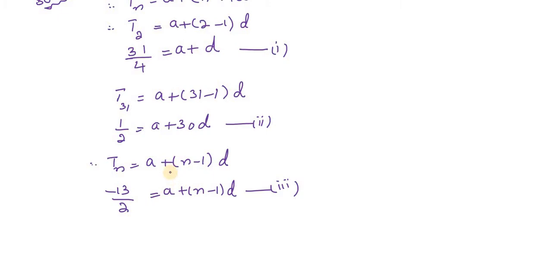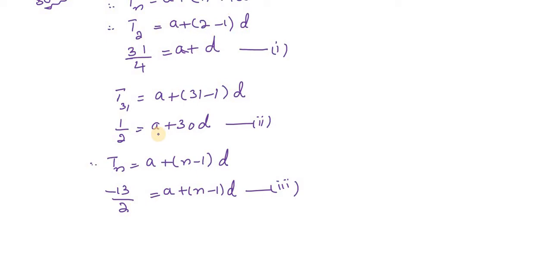We can eliminate by elimination method. We can subtract equation number 1 and 2 and get the value of one unknown, A or D. Because equation number 1 has two unknown variables, plus A and plus D, and equation number 2 has also plus A and plus 30D.